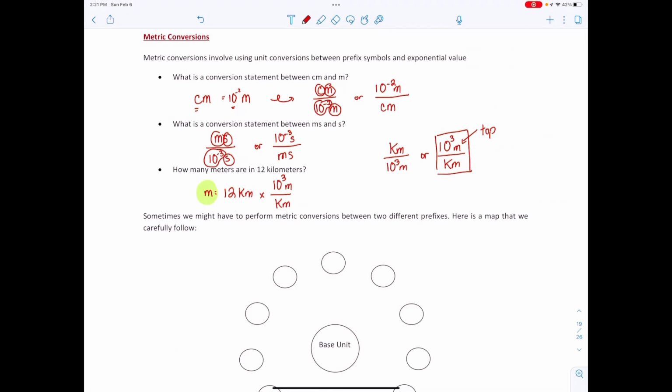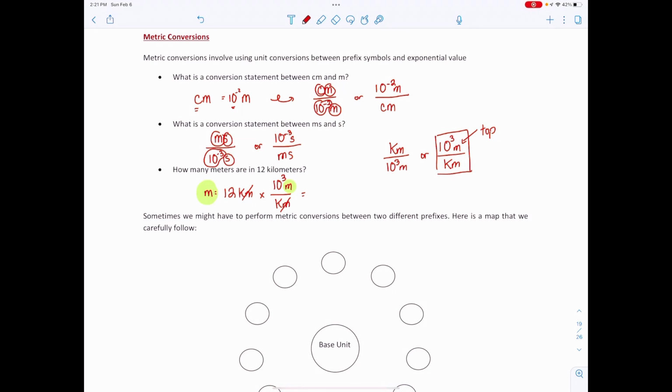The reason I want to do that is because, like in fractions, I can cancel out terms, I can cancel out my units. The kilometers are diagonal to each other in the multiplying of fractions, so they cancel out. On the top, there's only one unit left, meters, and this is what I want.